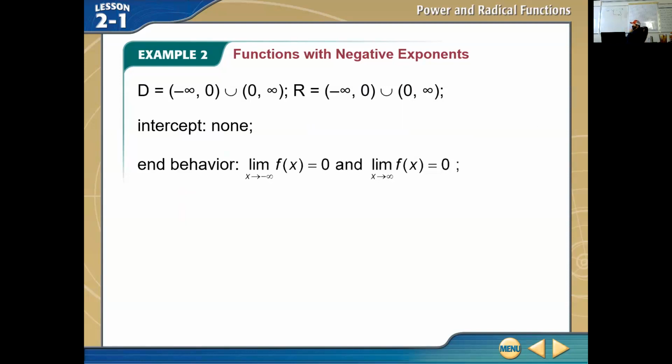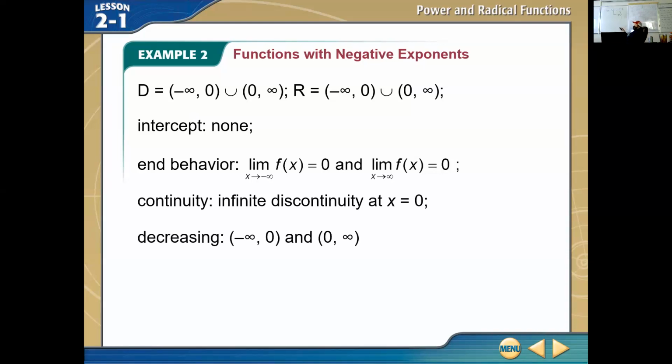Those won't change. These things will never change here for your negative exponents that are odd. Continuity, infinite discontinuity at x equals 0, once again, won't change. Decreasing from negative infinity to 0 and from 0 to a positive infinity. They break it at the range or using the domain.